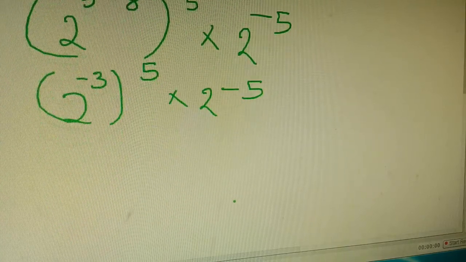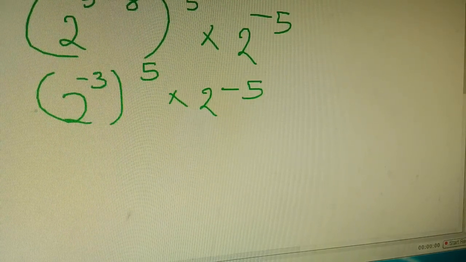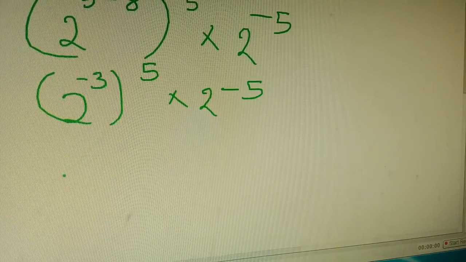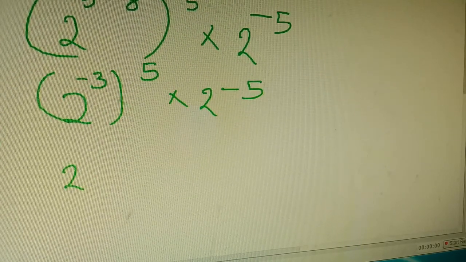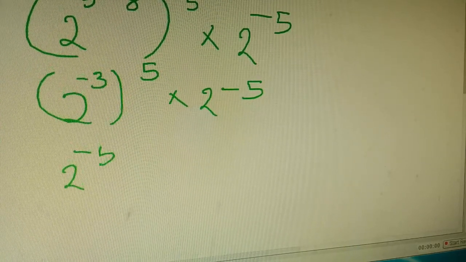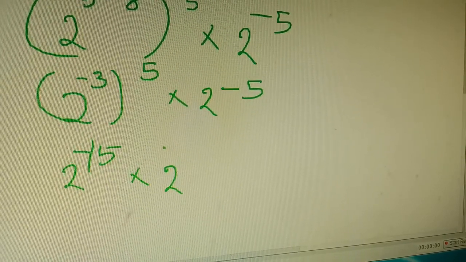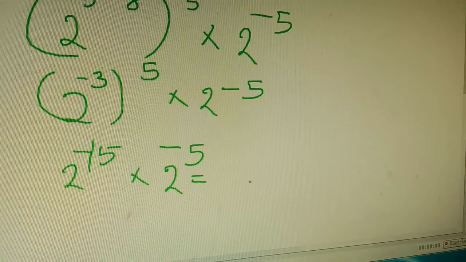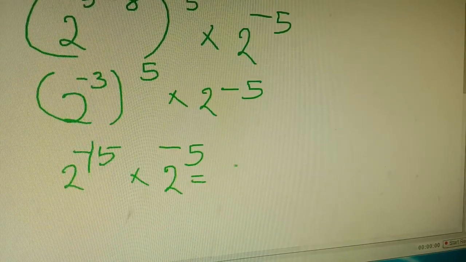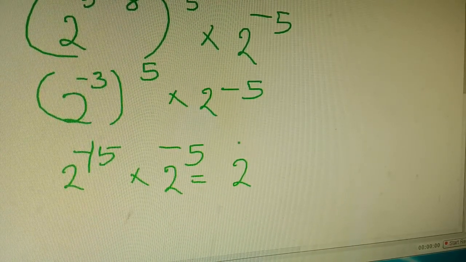Okay. Then the next step, 2 to the power of negative 3 whole to the power of 5 means 2 to the power of negative 3 times 5, that is negative 15, times 2 to the power of negative 5. That is equal to, the bases are same, so a to the power of m plus n is the form.